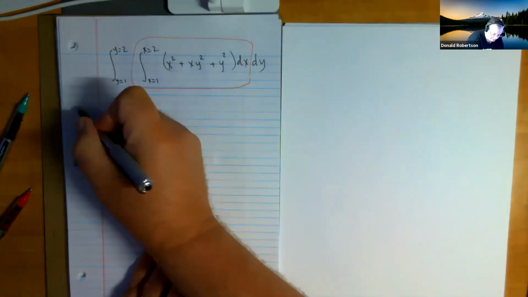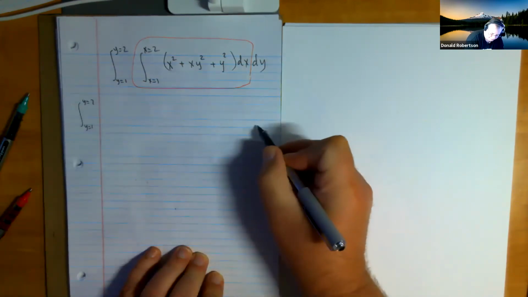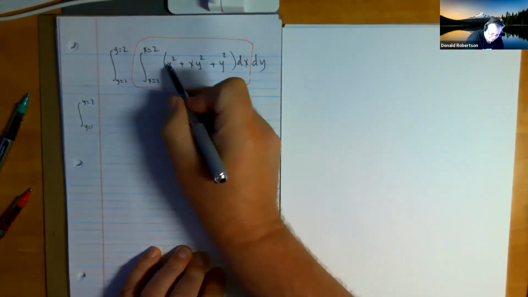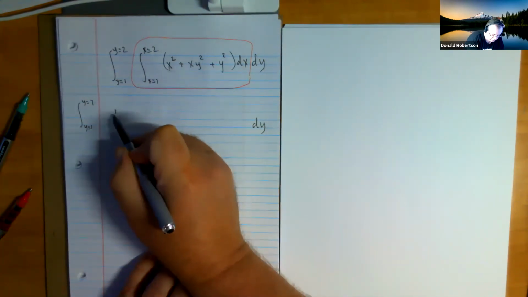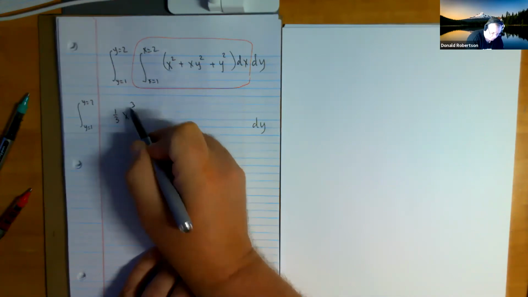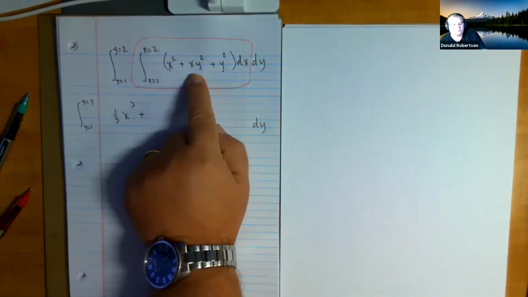So let's see what we get. The integral from 1 to 2 dy. This guy with respect to x. X squared gets me 1/3 x cubed. Okay. Middle term.